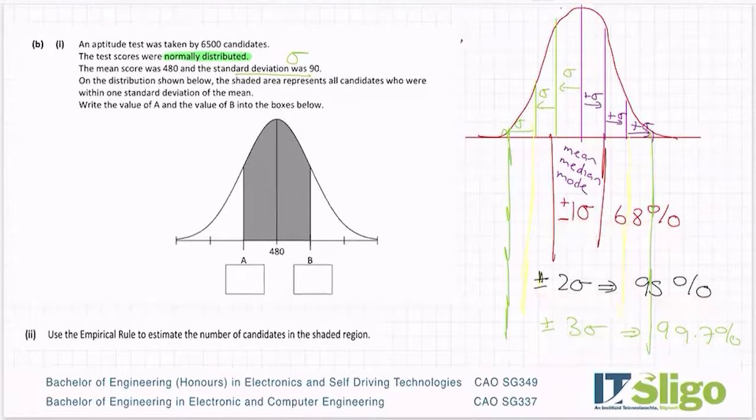Because this is a perfect example of a type of question they ask on it. In this one, they said the shaded area represents all candidates who are within 1 standard deviation of the mean. So the mean always sits in the center, and they told you the mean was 480. So if we go up 1 standard deviation to get to this particular line, we are doing 480 plus 90, and I got 90 from here.